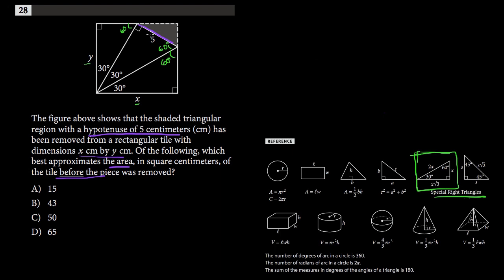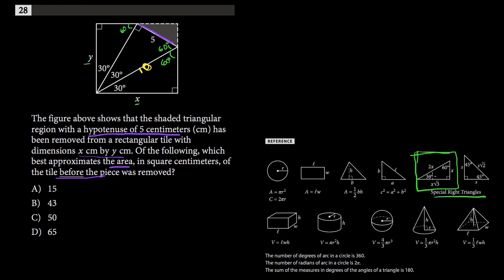Let's say we know this side right here of this triangle. We know that the smallest side is 5, and the smallest side is x, so the hypotenuse is 2x. The hypotenuse of this triangle should be 2 times 5, which is 10.